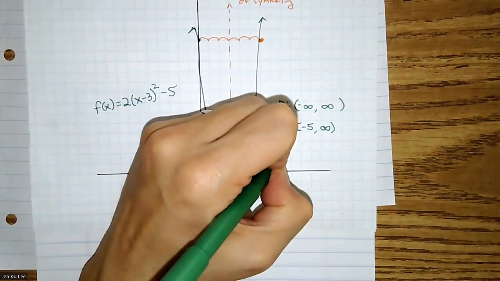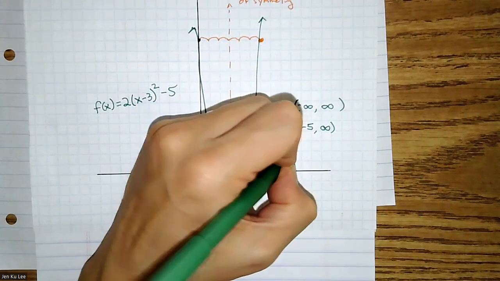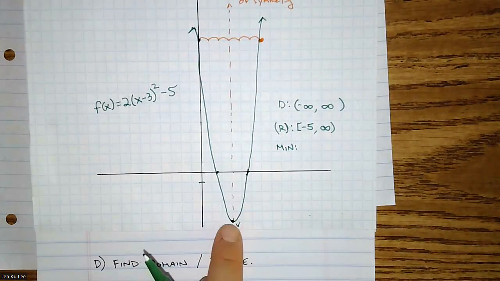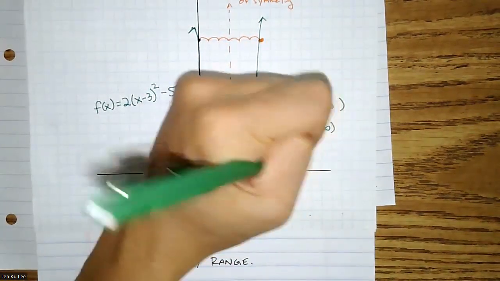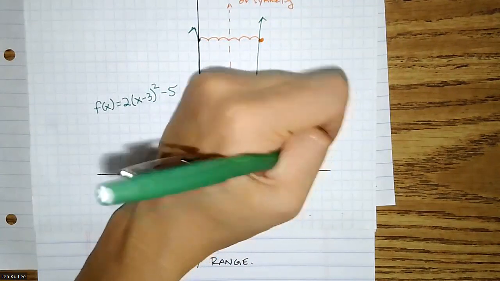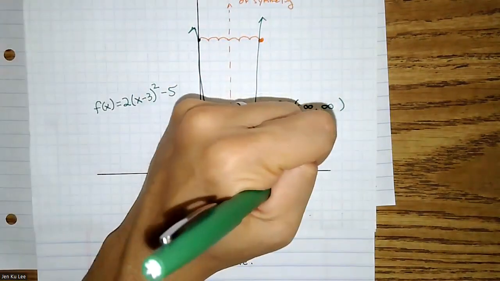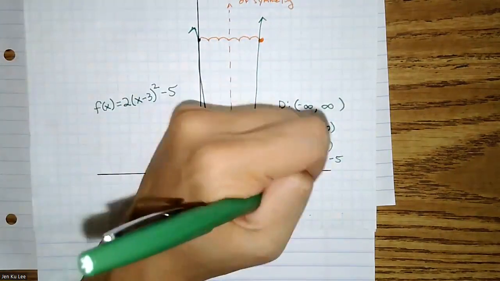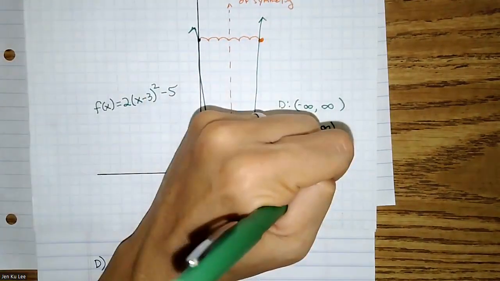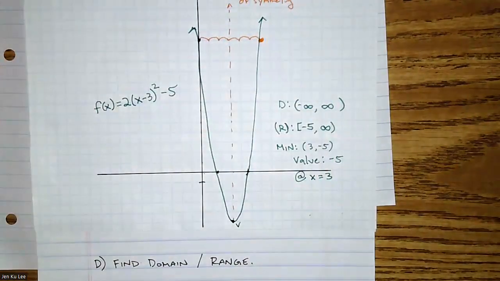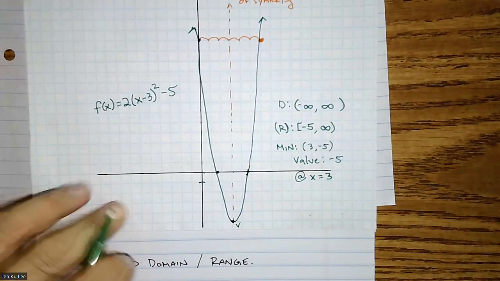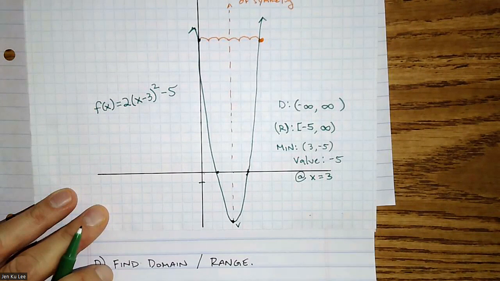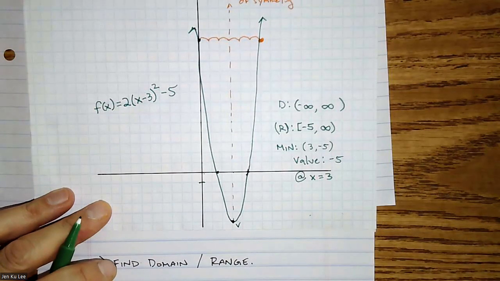My minimum value is actually going to be 3, comma, -5. The value of this is -5, where x equals 3. Okay, I just added that right now just for your information. Okay?